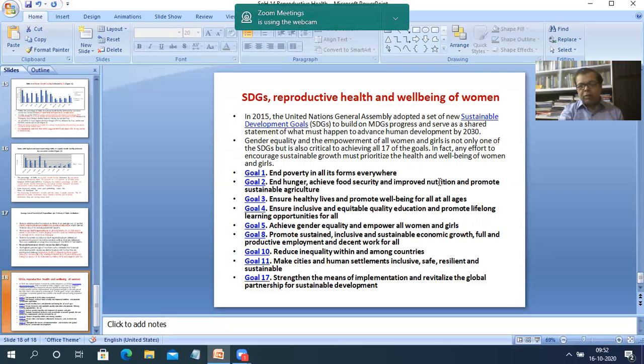So the health of the mother is directly responsible for the health of the unborn baby, and during the lactating period, the health of the baby, right? So there are several goals and several targets, and we hope that in the coming years governments will take care, societies will take care, people will take care.